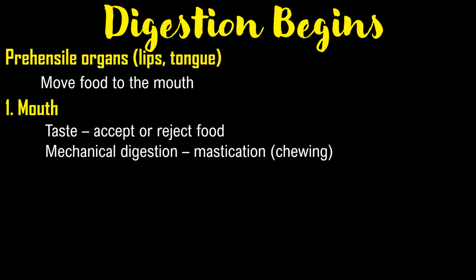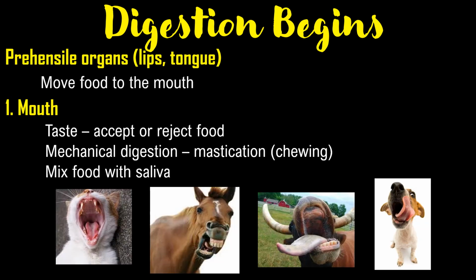In the mouth, mastication or chewing of food happens by mechanical digestion because the teeth mechanically break down food into small pieces. Take note that during mastication, saliva is added to chemically digest the food. Once chewing and amylase digestion are complete, the food will become a small round blob which is known as bolus.